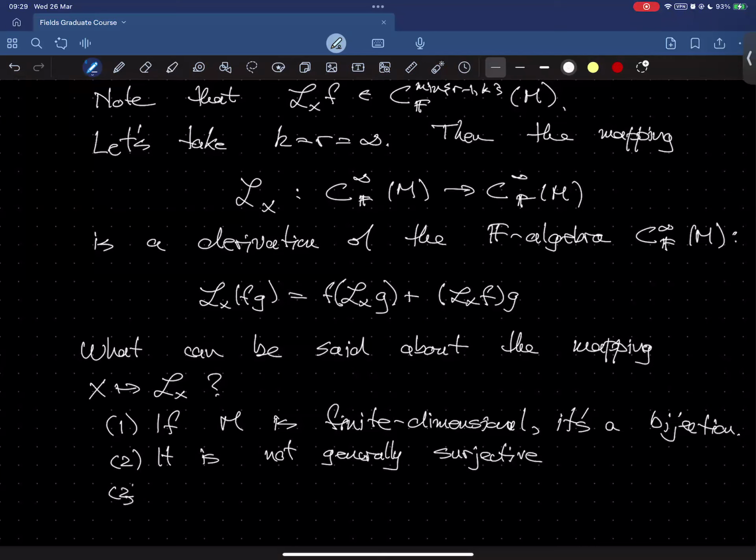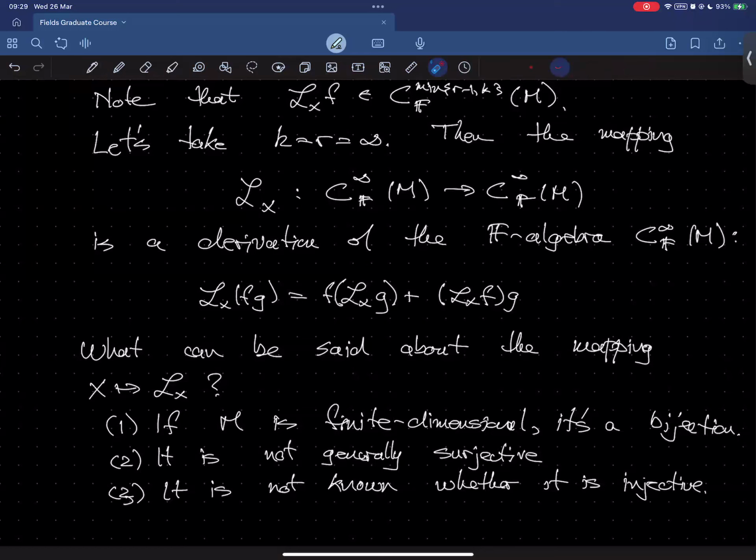And it's not known whether it is injective. This is a very similar story to what we had when we talked about derivations at a point.